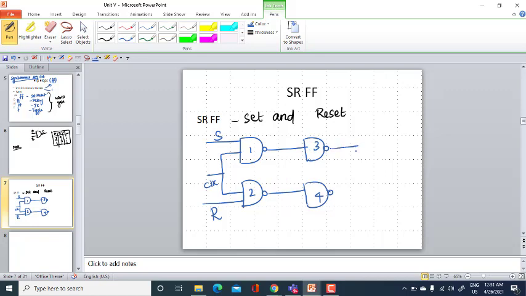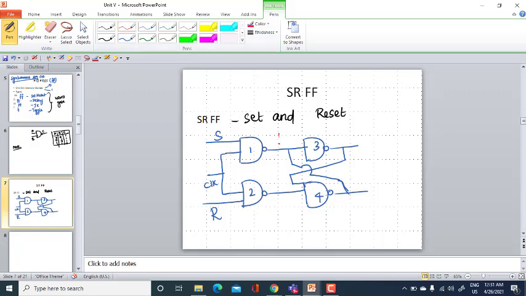Whereas here, as I said already, sequential circuit depends on the present input as well as the previous output. So take this previous output and give it as the input. Okay. And similarly take this and give it here in the second stage.